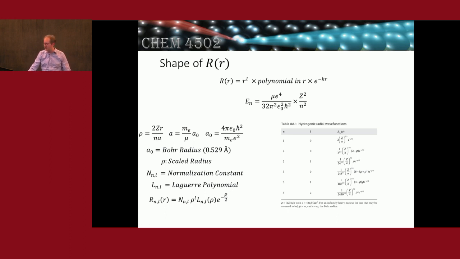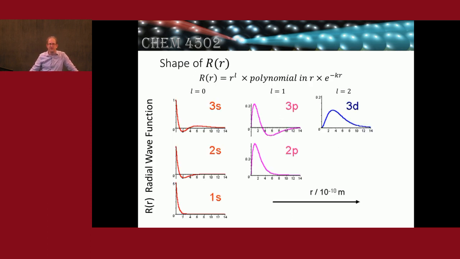Now, that doesn't actually help us understand what's going on too much, so instead what we want to do is visualize them. And so here they are. Here are the first several radial wave functions. They depend on the principal quantum number, n, which is the shell that we're talking about. So you have a 1s, 2s, a 3s.